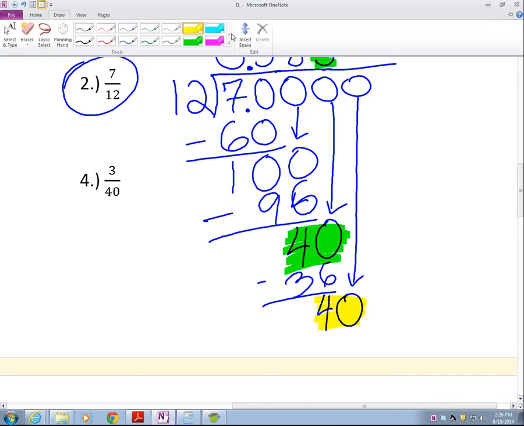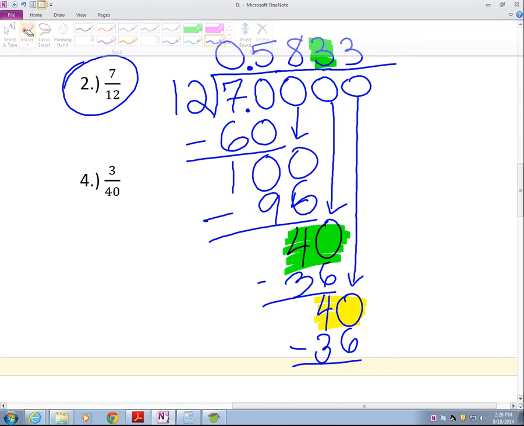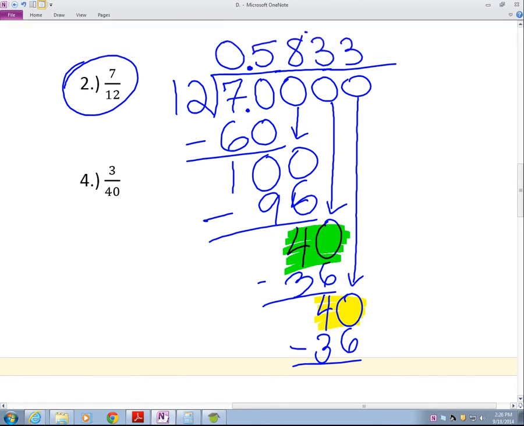And we know that 3 times 12 is 36 again. And you would just keep going on with this forever. And at that point, what you can do is put the bar notation above that guy because you know it's going to keep going on and on and on we go.